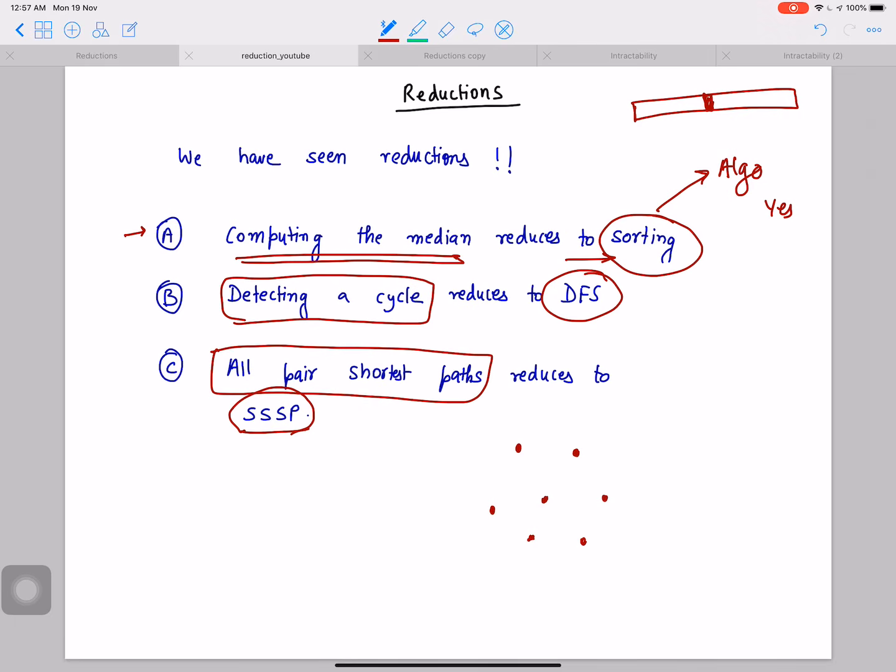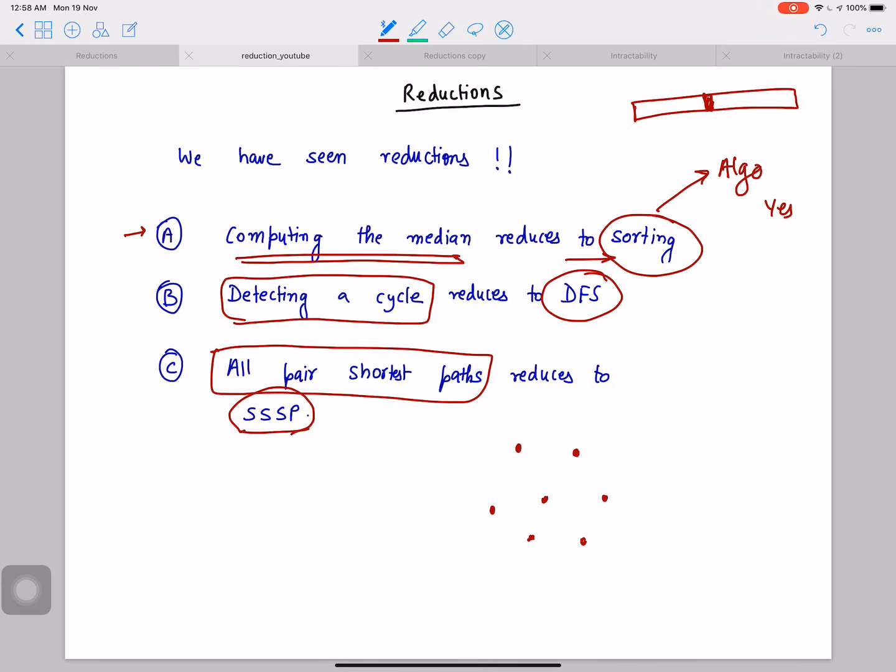So we have seen reductions, and we have done reductions in our head. If you are thrown a problem, you try to reduce it to a known problem, find the pattern and recognize an already solved problem.